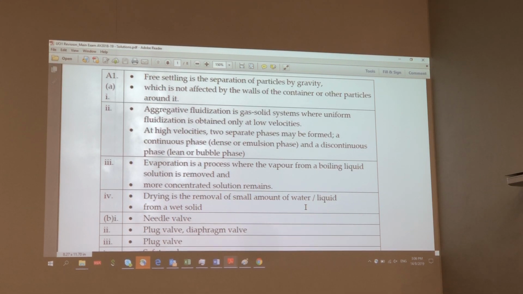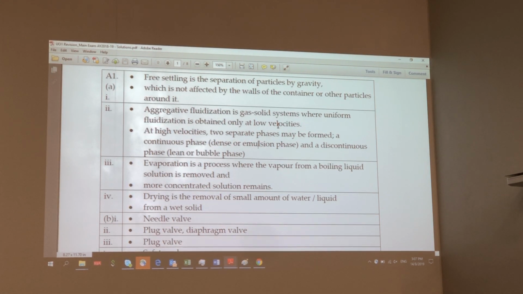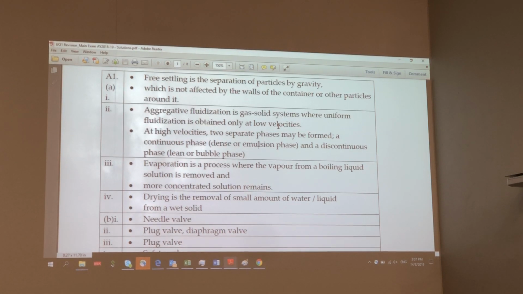I cannot test you exactly the same question, right? For example, I tested aggregative fluidization last year, so this year I will test particulate fluidization, or I just ask what the definition of fluidization is. It's possible. I cannot test you exactly the same.